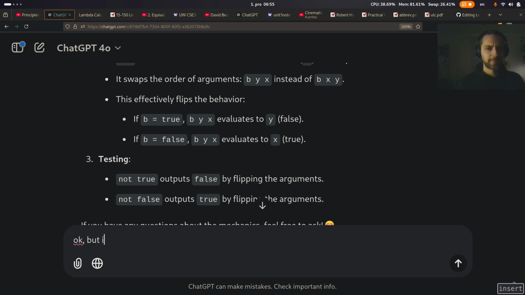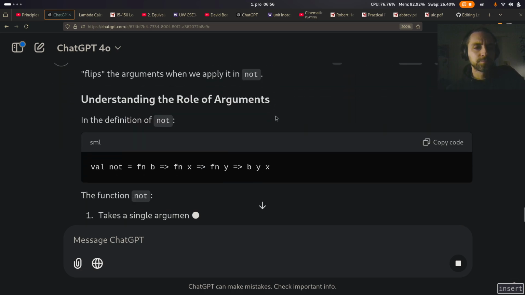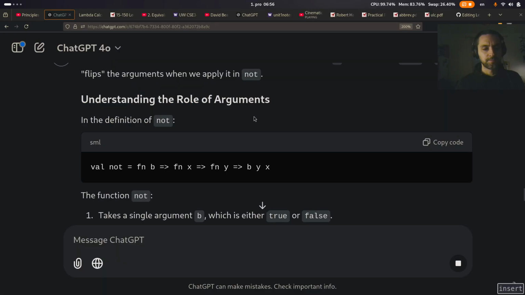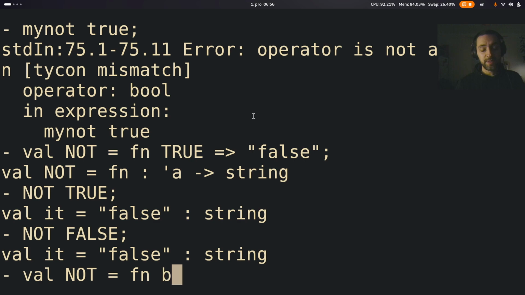Okay, but if b is true, then how is b flipping two arguments? Where is the second argument? In the definition of not, let's do it again. So not is a function. The definition itself starts with the definition of not.